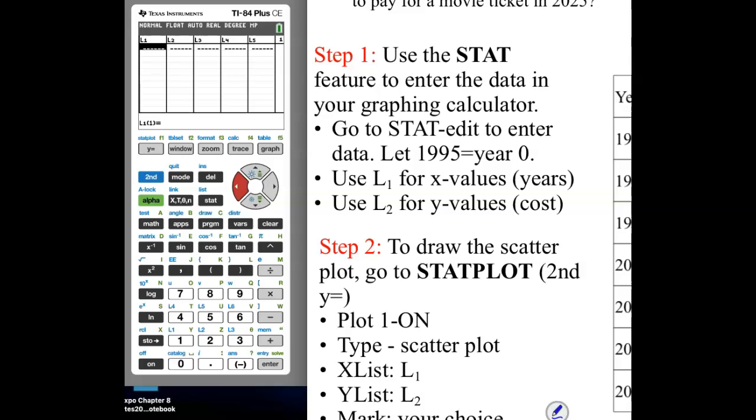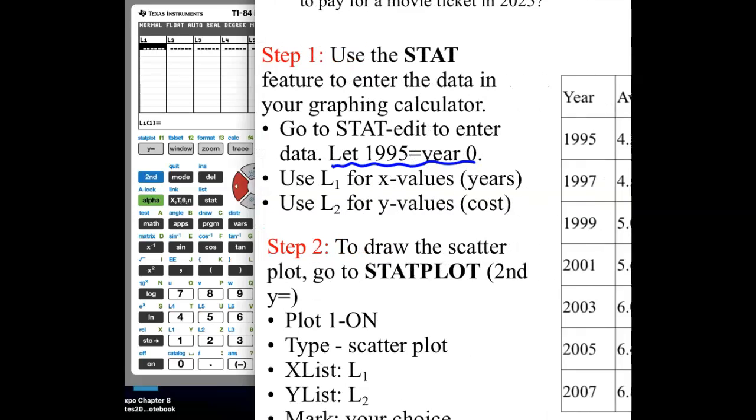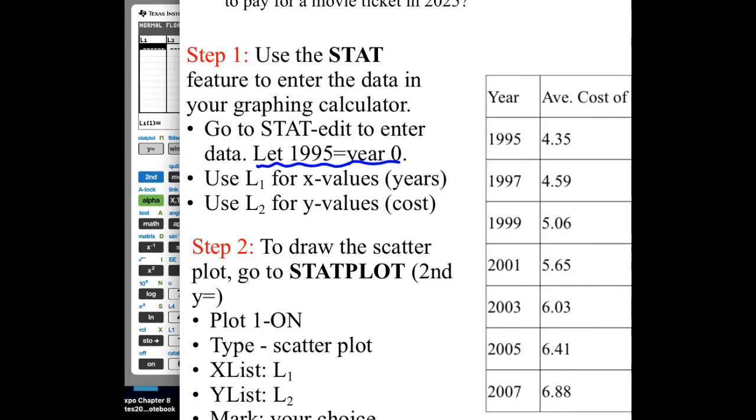We set this up to let 1995 be year 0. So in my table, for 1995, in my list 1, I'm actually going to put a 0 in. This is what I meant earlier when I said we're going to adjust it so our numbers aren't so big for X. 1997 would then be what? 2.